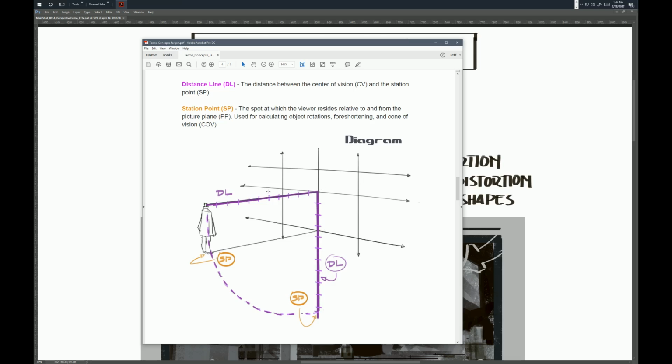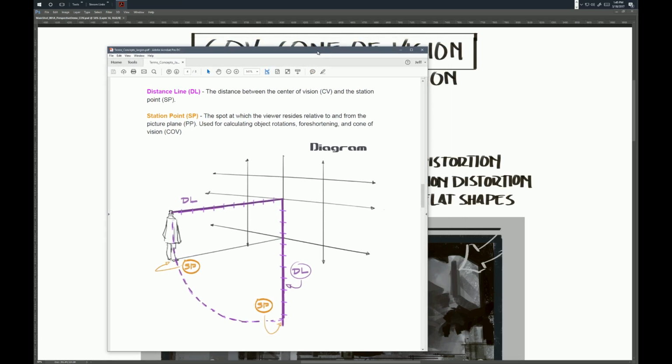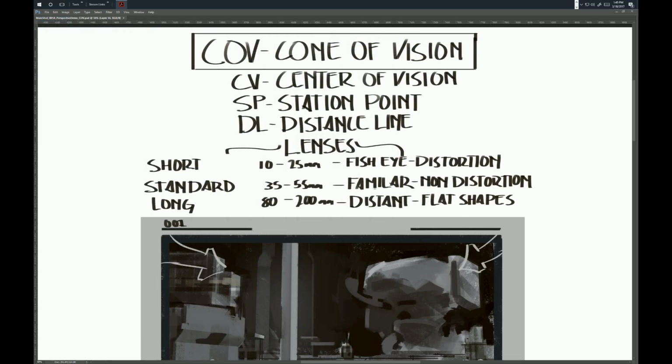Okay, so we have our station point, which is the eye. We have our center of vision, which is the intersection of the line of sight that is parallel to the ground with the picture plane, where the center of vision and the horizon line now meet. We have the distance line that goes between those 2 points. We need those things in order to calculate our cone of vision.